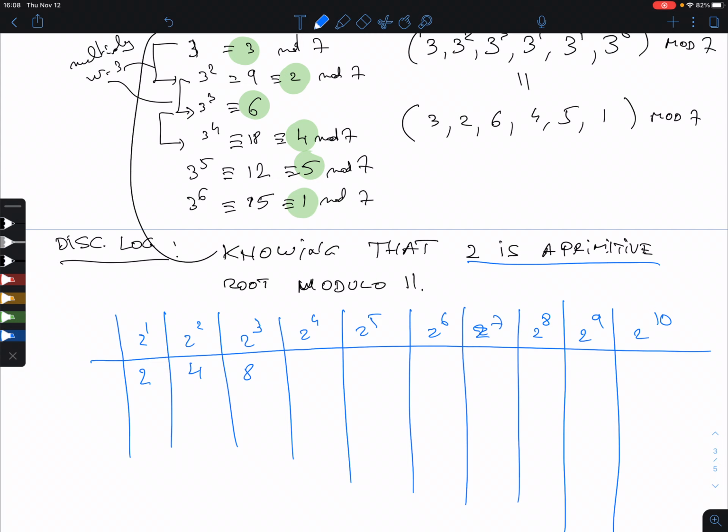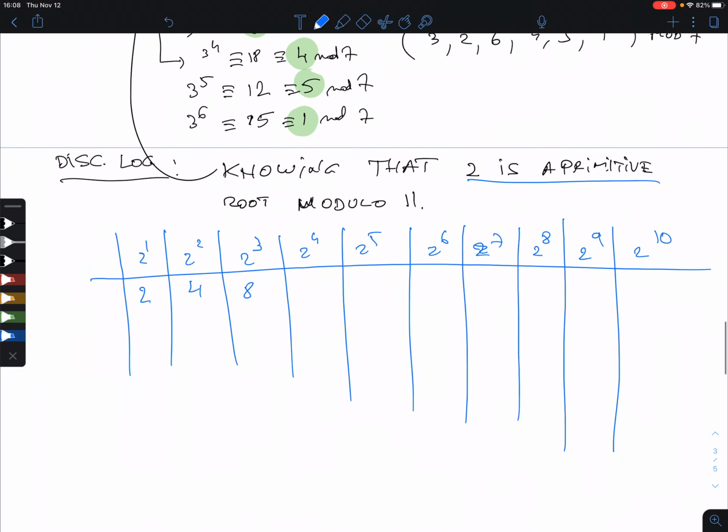Okay? So, knowing this, and I'll fill out the table, but I'm going to ask the question, what is the logarithm of 3 modulo 11 with base 2? Let me write it.